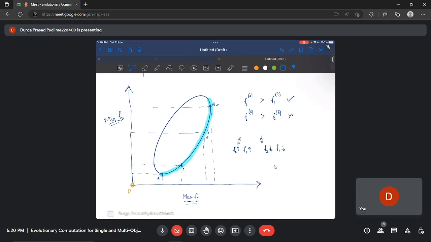Another condition, sir. If I make it reverse, you mean maximum F2 and minimum F1? Yes. Minimum of F1, maximum of F2.